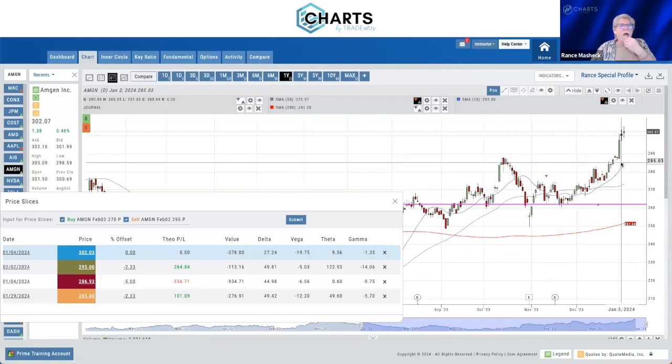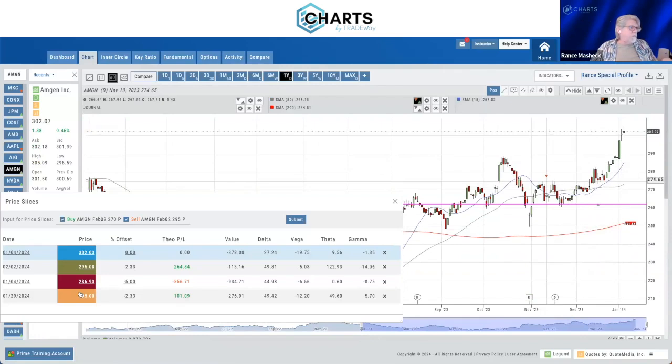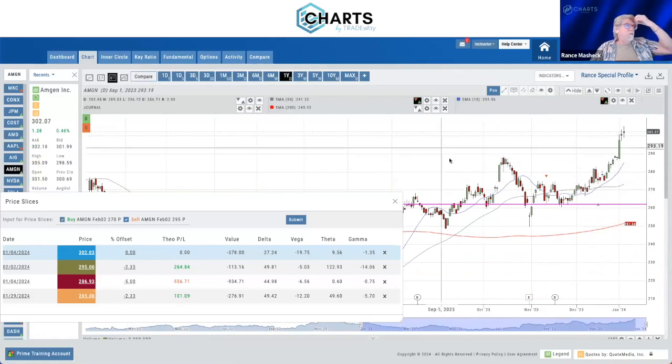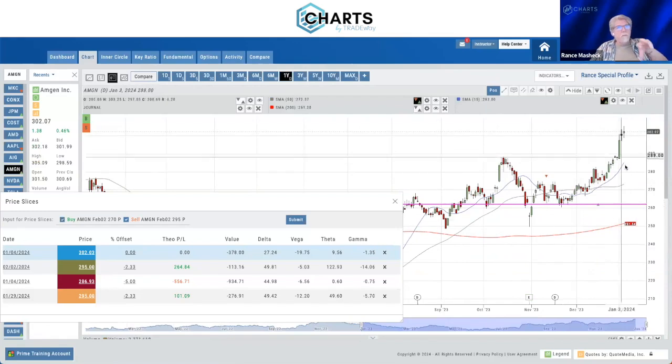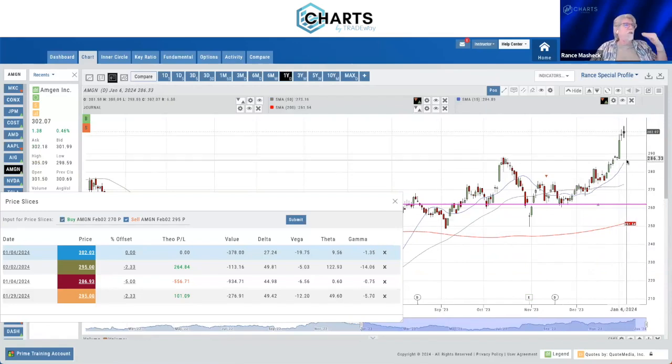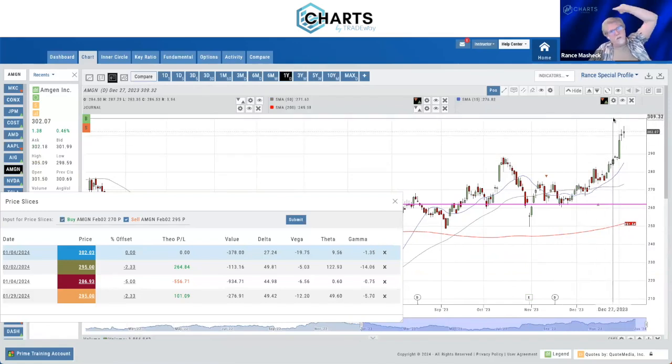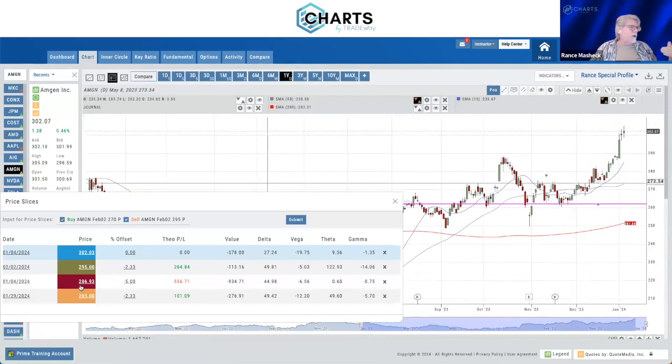And then from that, go, oh, okay, I want to use this price over here. So you can use your full charting to be able to do your assessment of where you think something's going to be, where it might trend to or whatever, and be able to plug that number in over here and get your theoretical profit or loss based on that.